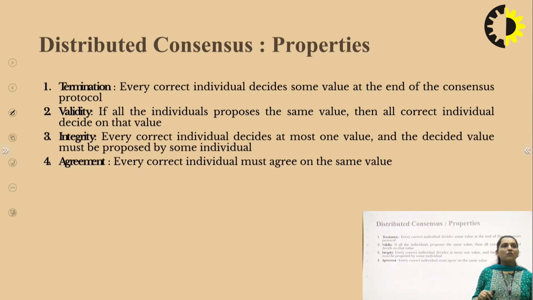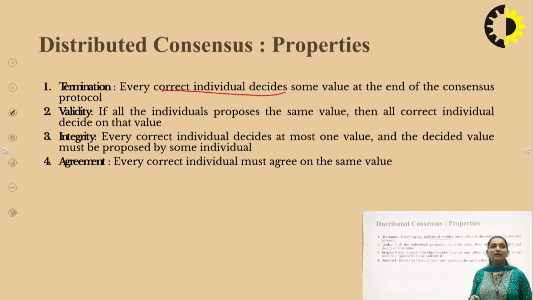So what are the properties we use in distributed consensus? The first one is termination. Every correct individual decides some value at the end of the consensus protocol. So when we apply any consensus protocol, we have a surety that every correct individual will arrive at a result which is correct in nature.